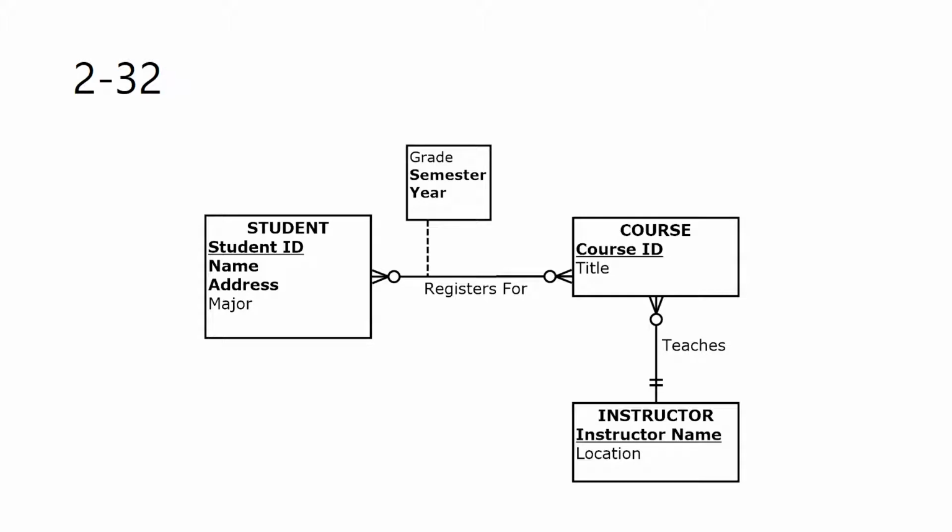Instructor teaches 0 through many courses, and in a course there are 0 through many students, and the student can register for 0 through many courses, so it is a many-to-many relationship. There is a composite identifier, student ID and course ID, and then the grade, semester and year. These are non-primary attributes.